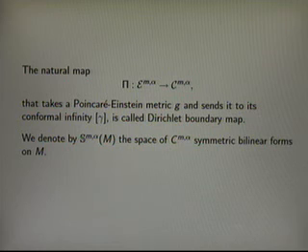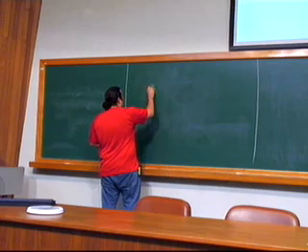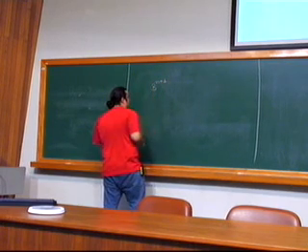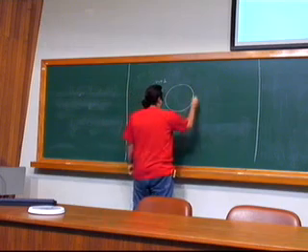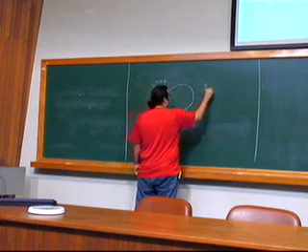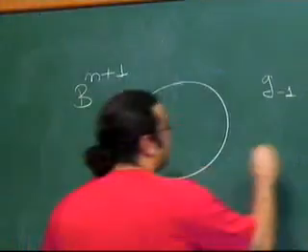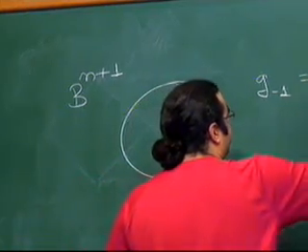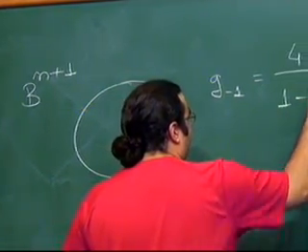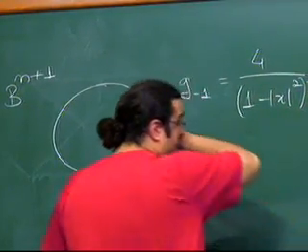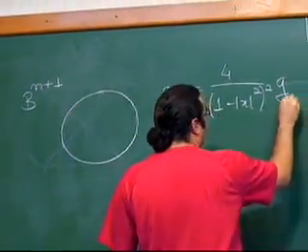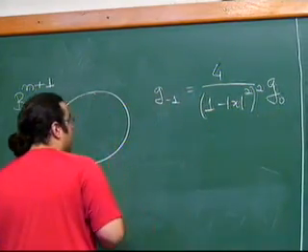For example, if you have the hyperbolic metric on the ball, here's the flat metric.